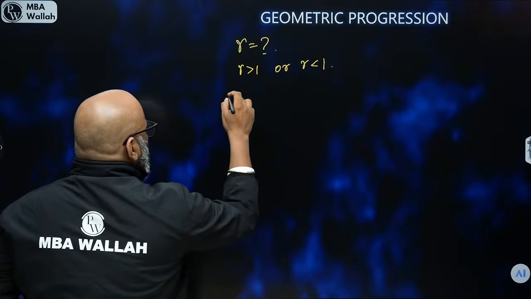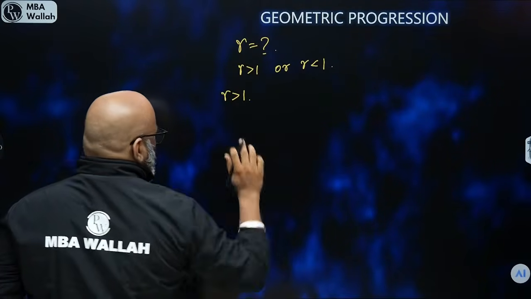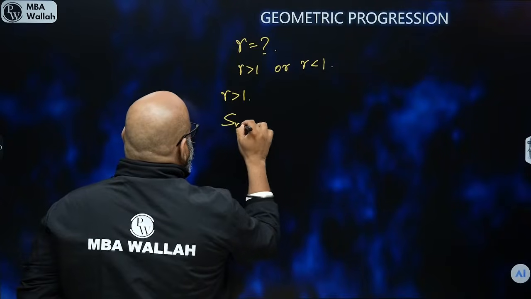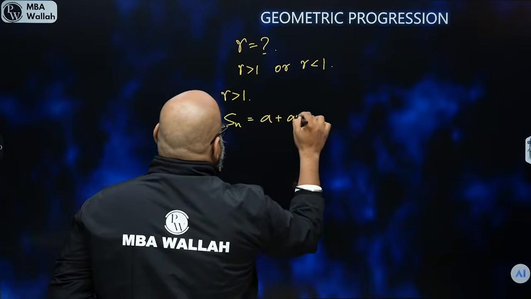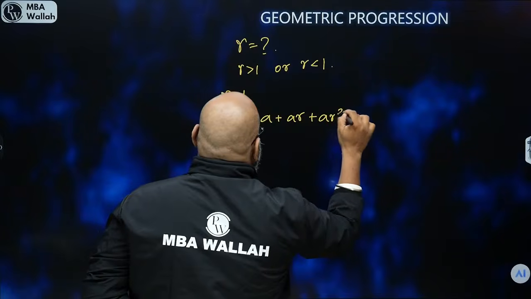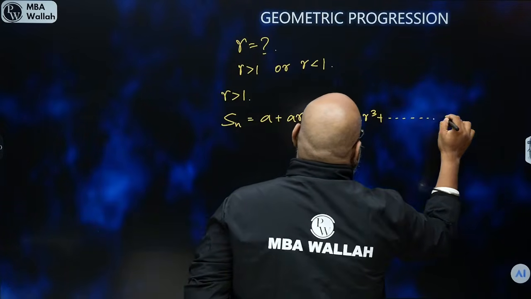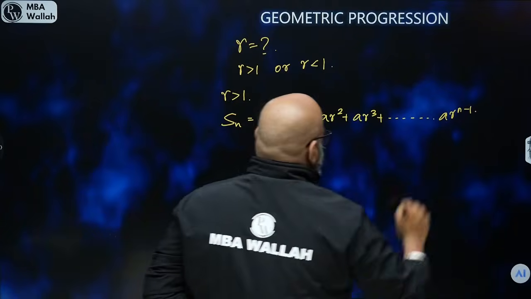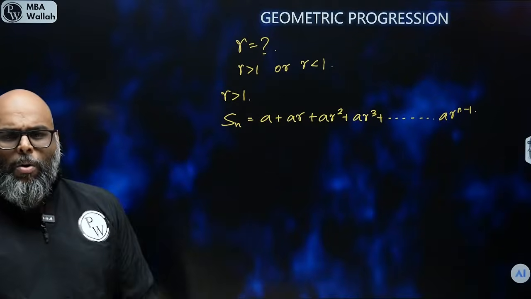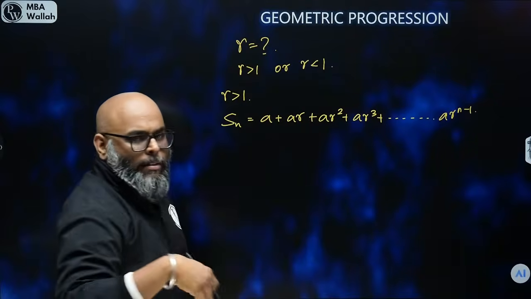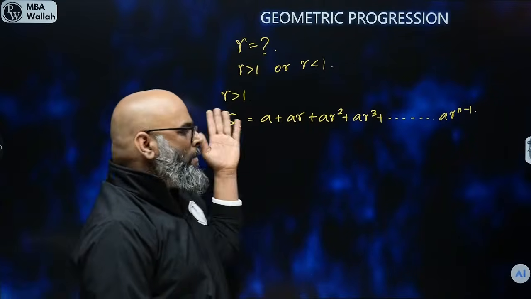We will look at R greater than 1, first case, okay? I want Sn, sum of n terms of A plus AR plus AR square plus AR cube plus dot dot dot up to AR power n minus 1. Now what I am going to do is multiply this entire equation by R, whatever the value of R is.